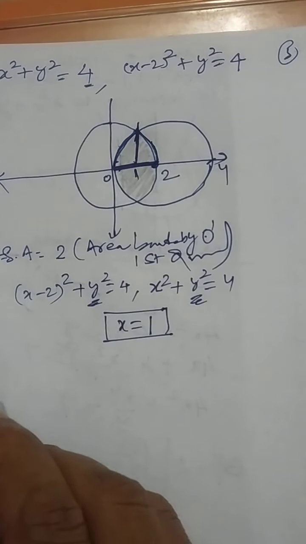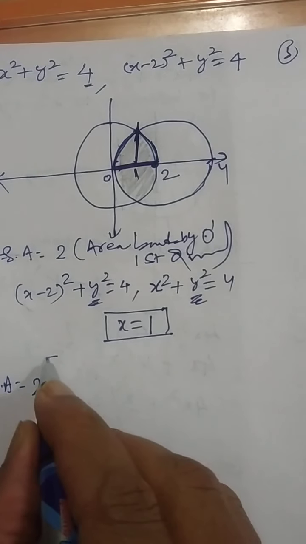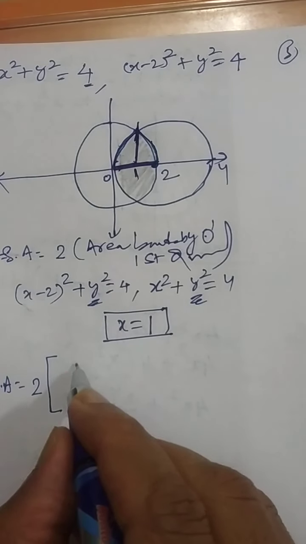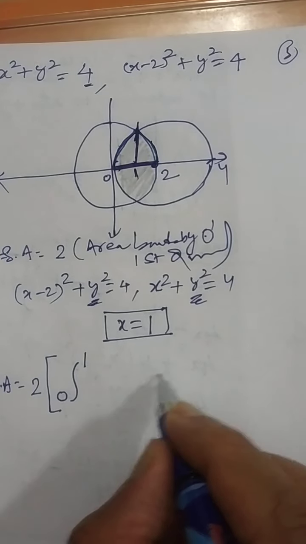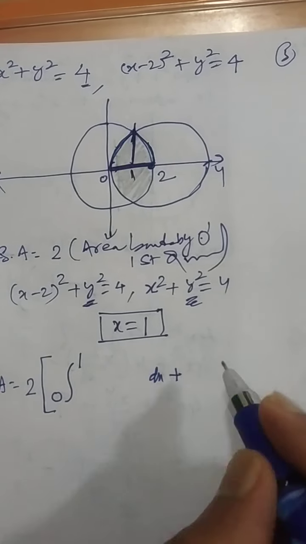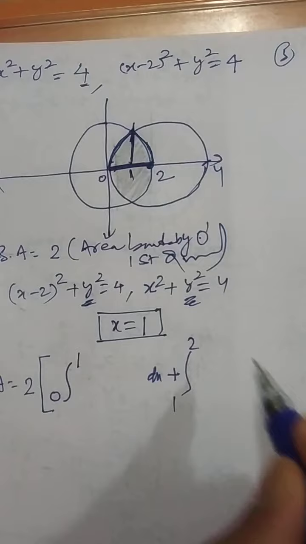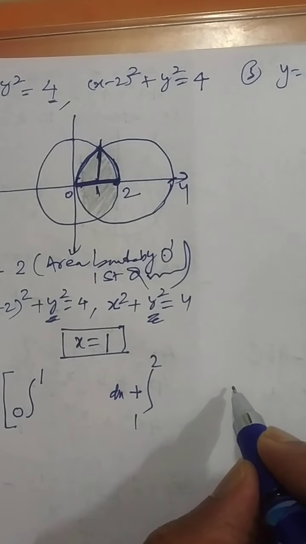Now the total shaded area will be equal to 2 times the shaded area in the first quadrant. It is from 0 to 1 where one circle will come, plus from 1 to 2 where another circle will come.